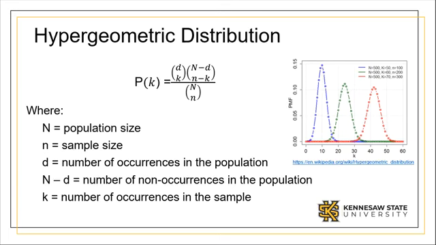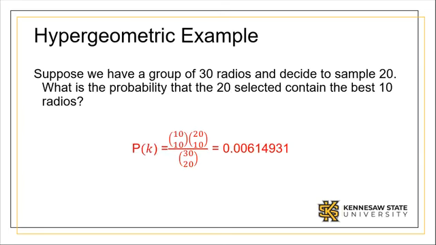Take note of how the distribution changes in the visual as the number of successes and sample size gets closer to the population size. Consider this example. Population size, capital N, is 30. Sample size, small n, is 20.